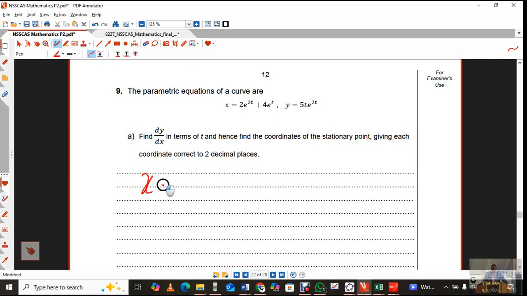And we're going to use the chain rule, so x is equal to 2e to the 2t plus 4e to the t, and then you have y equals 5t e to the 2t.